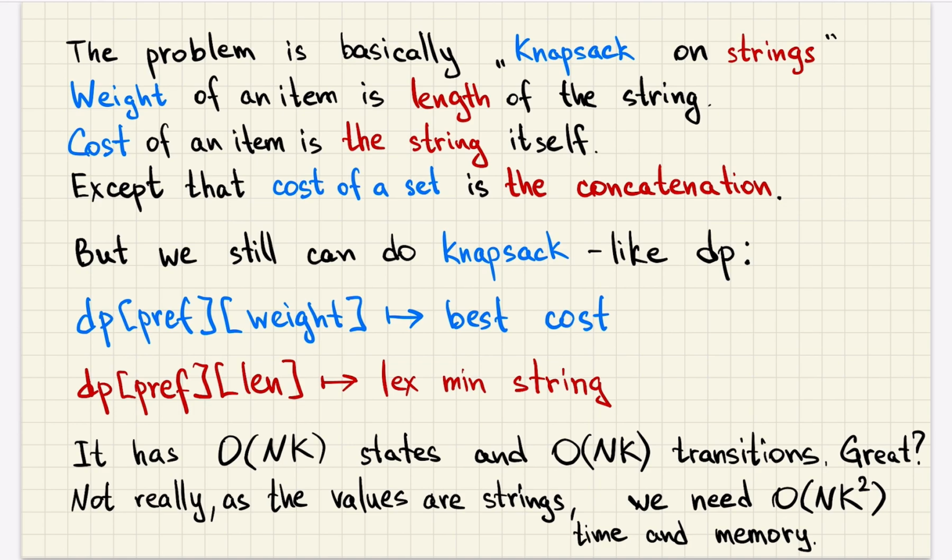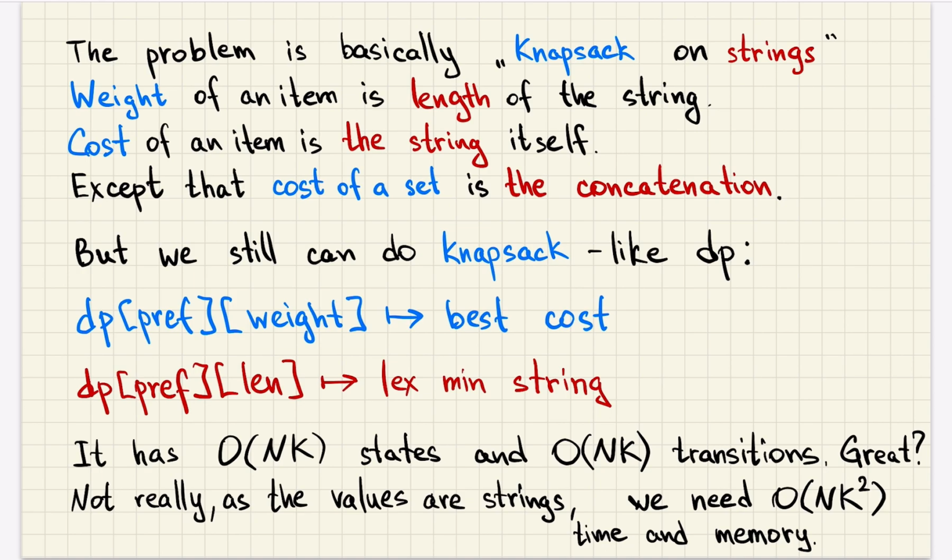So if we want to construct a correspondence to a knapsack problem, the weight of an item would be the length of the string, and the cost is the string itself. And we want to choose some subset with fixed weight and minimum cost. Like maximum cost, it's the same thing.